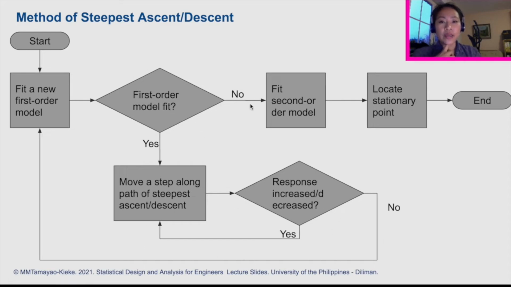Otherwise, that means that we're already in the region of the optimum, and we therefore want to fit a second order model or higher order polynomial. But in most cases, a second order model would be enough. Then from this, we locate the stationary point, where we could find either the maximum or the minimum point. And then that's the end of the method.